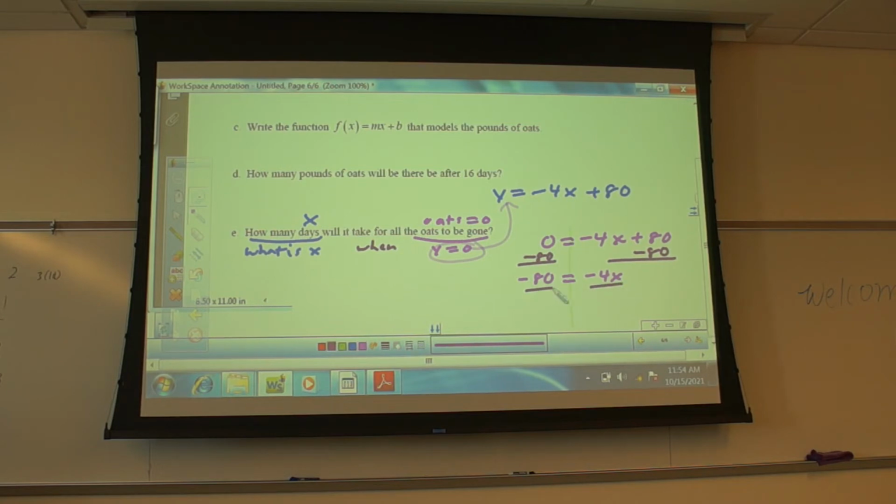Divide by negative 4, because the 4 is negative 4x. So then negative divided by negative, you get a positive. So that would be 20. x is what? Days, 20 days. In 20 days, they'll be all gone.